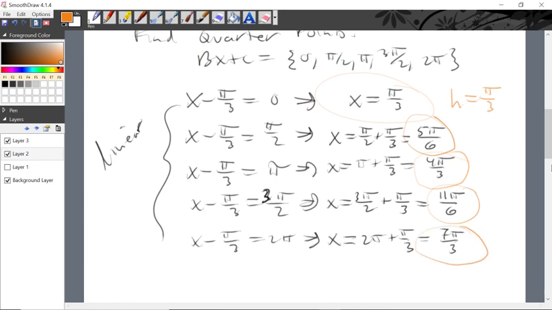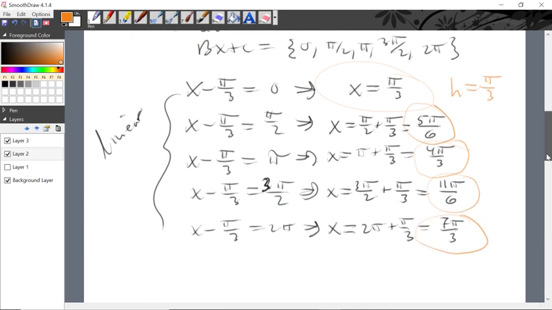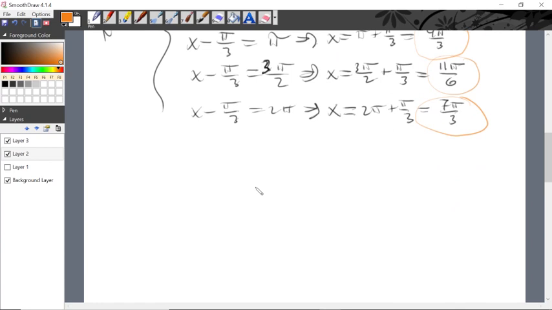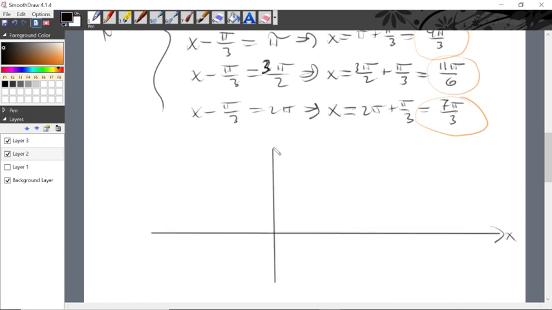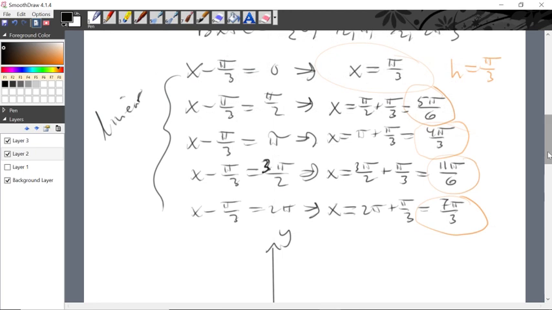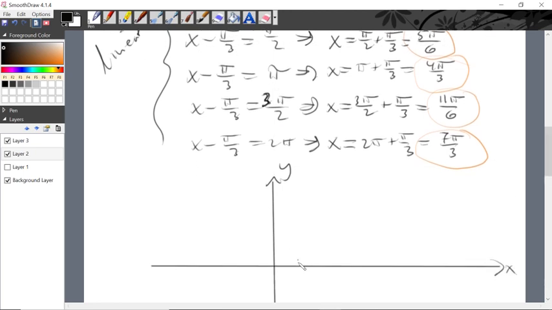So I want to label these 5 x coordinates on my axes so that I can graph this wave. All right, so I have the x-axis here. I'm going to start this cycle at pi over 3. And the last x value in the cycle is found at 7 pi over 3. I'll put that right here.